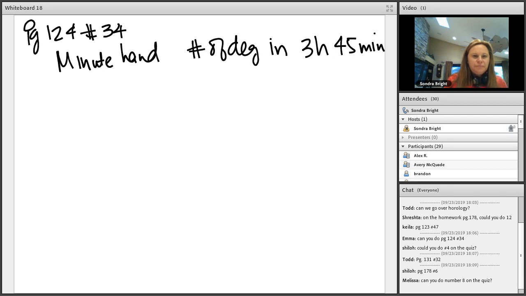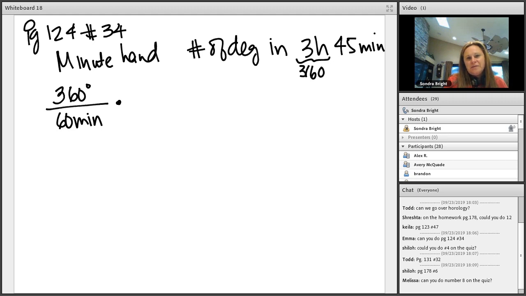Okay, so we know that the minute hand does a full 360-degree revolution, right? Or it makes a full circle in 60 minutes. And then we want to know how many degrees in 3 hours and 45 minutes. So 3 hours would be 3 times 60, which is 180, plus the 45 minutes. To convert these to minutes, 180, so I think that's 225 minutes.